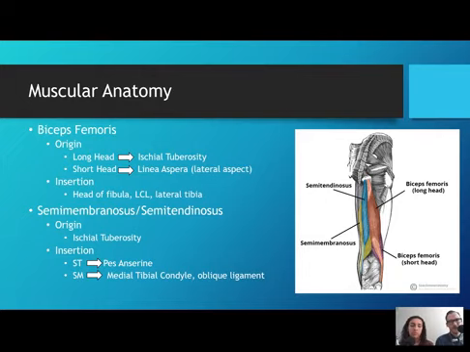The semitendinosus inserts into the pes anserine, going into the anteromedial tibia. The semimembranosus goes into the medial tibial condyle and the oblique ligament of the knee.